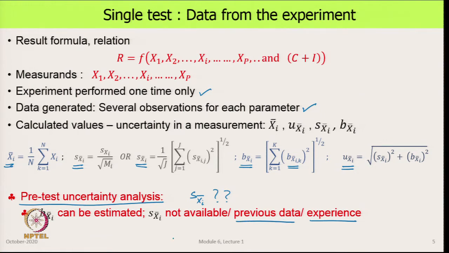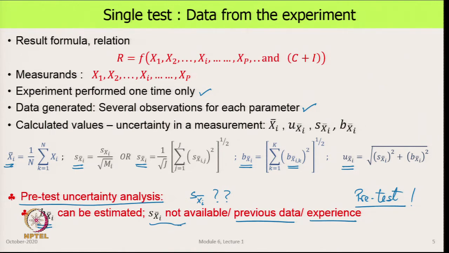It is after all a pre-test uncertainty analysis stage where we are using these as nominal values. But the systematic standard uncertainty, we have enough information and data to calculate that. So, the single test technique is reasonably okay for the pre-test stage, except for this one little item.